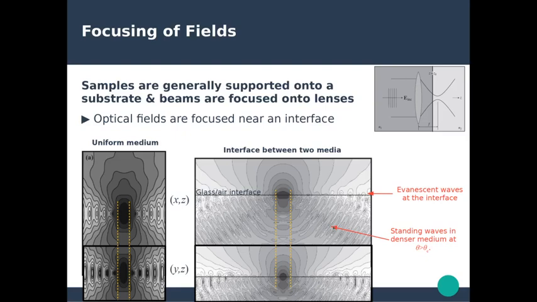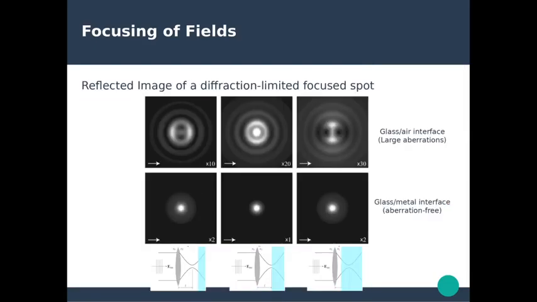To conclude on this, I wanted to show you a few experimental images that are mapping of the optical intensity at the focal point for a glass-air interface and glass-metal interface when the laser beam spot is actually focused just above the interface, at the interface, or below the interface.